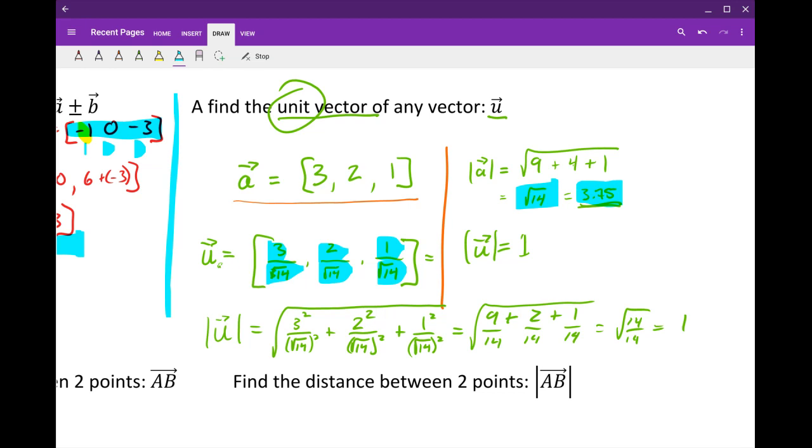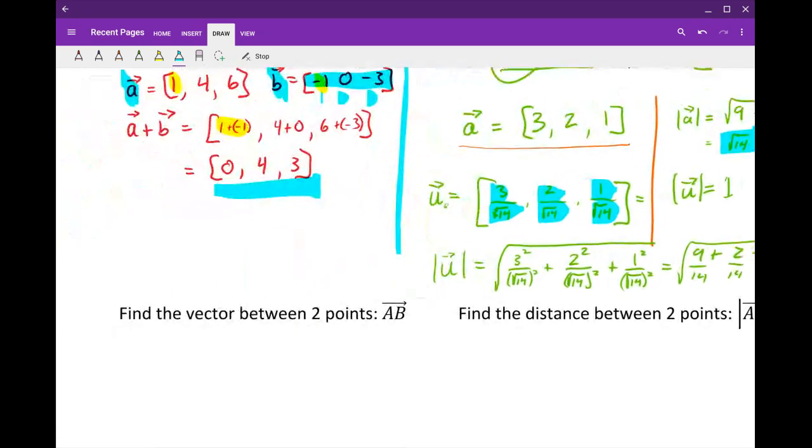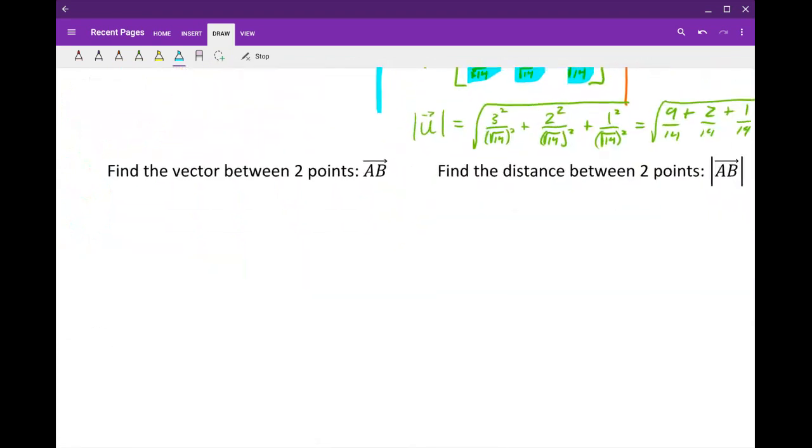So now I can take this vector u and multiply it by 100, and now I've got a vector that's parallel to A that's exactly 100 units long, if, for example, that's what I needed to do in my question, or for whatever reason.